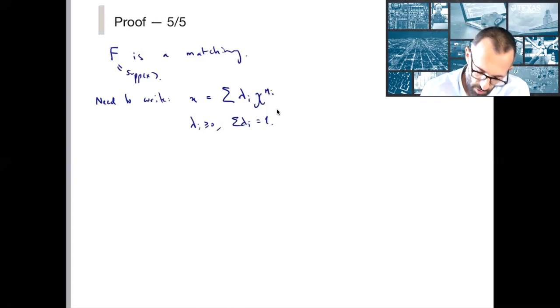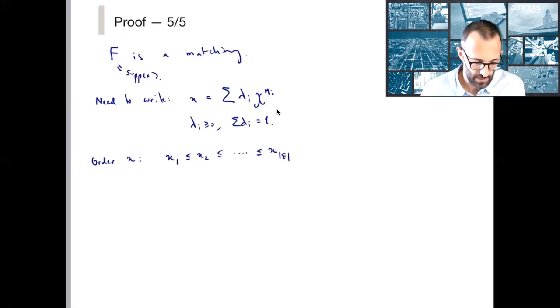So let's order the elements of x as follows. Order x so that x_1 is less than x_2, and so on, up to its last element.